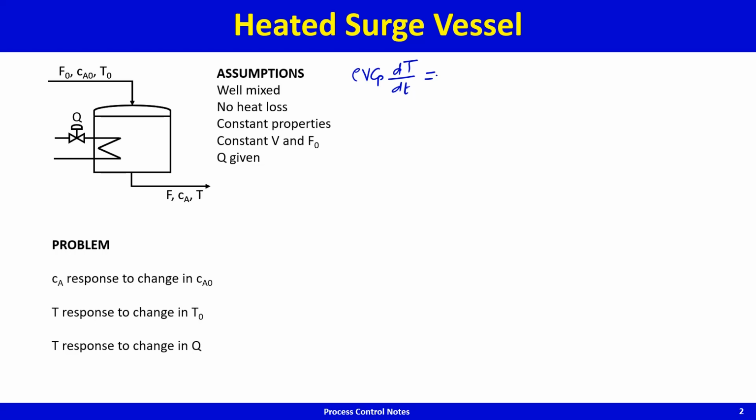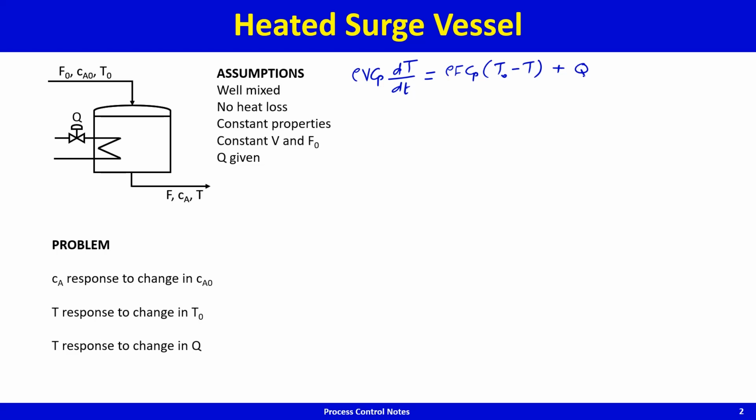This must be equal to enthalpy in minus enthalpy out. Enthalpy in is rho F Cp T naught, and out is T, so T naught minus T, and you're putting in heat at this rate. So this is the energy balance.